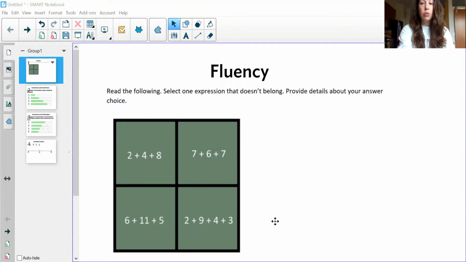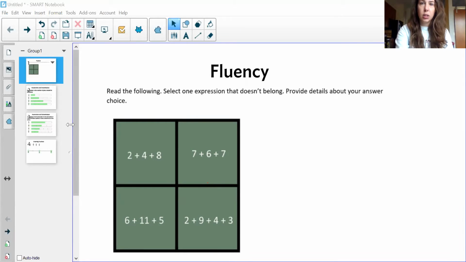Now, I challenge you to come up with another reason why a different one doesn't belong. You could add them all up and talk about the answers, or you could just look at the numbers that they're adding. As long as you can come up with a reason why one of them doesn't fit with another one, then you have a right answer.